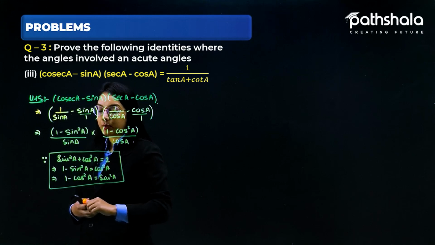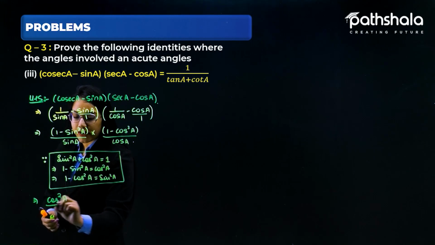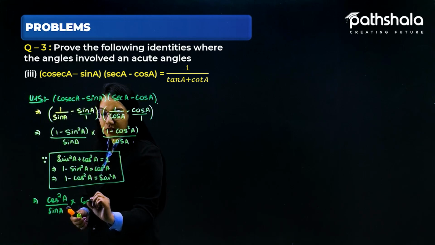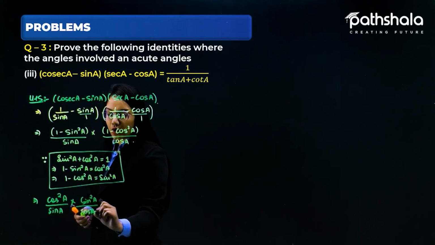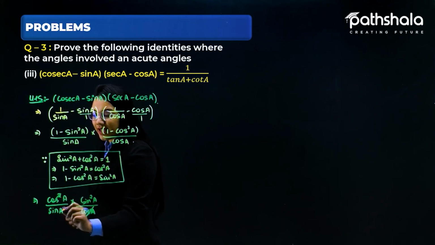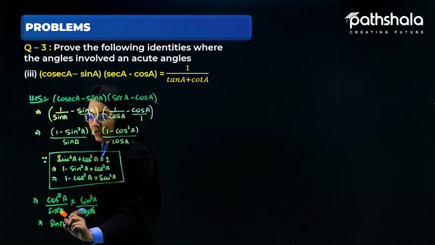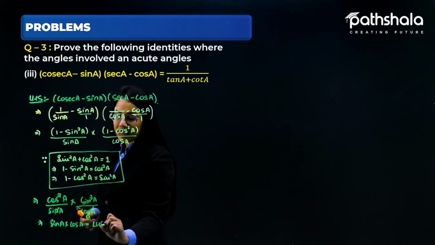Hence we get cos square A divided by sin A, into sin square A divided by cos A. Cos A cancels with cos A, sin A cancels with sin A. So at the end we get sin A into cos A as the value of LHS.